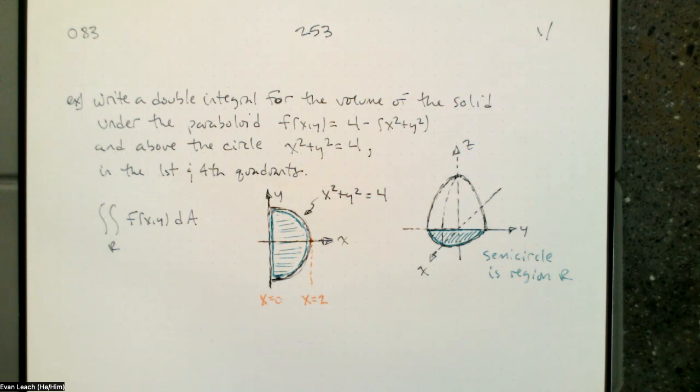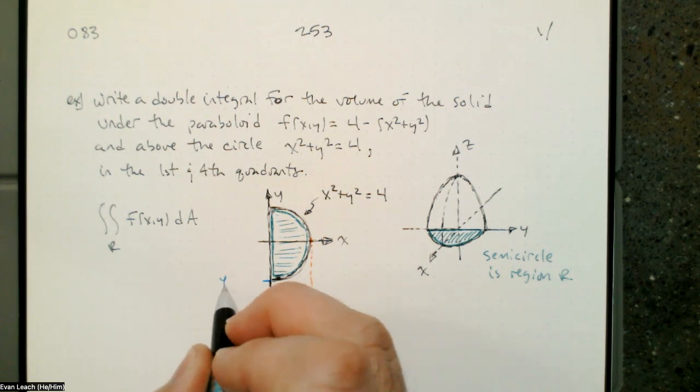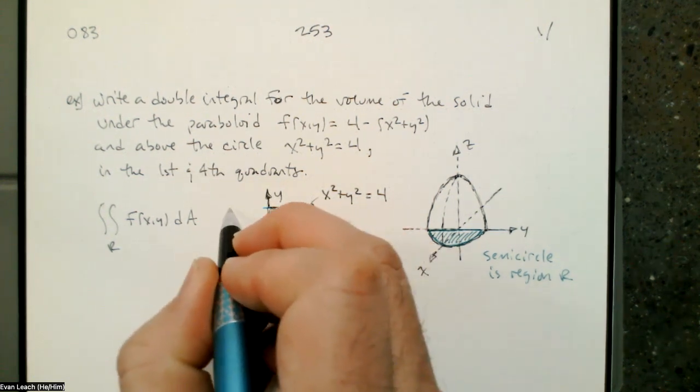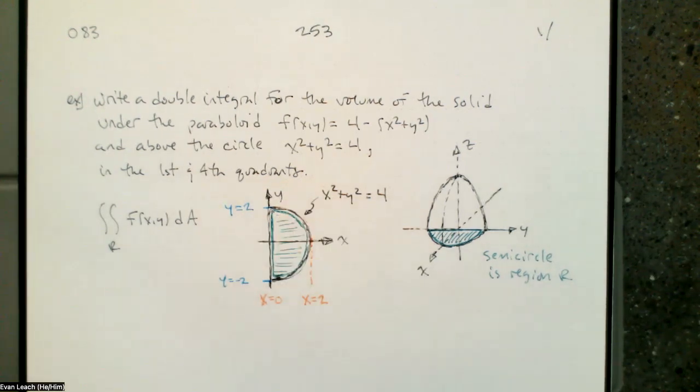Our smallest y value is -2, and our largest y value is 2. So depending on which double integral we're setting up, if the outer integral or the last integral is y, then it's going to go from -2 to 2. If the last integral is x, it's going to go from 0 to 2. You can go this way or go this way. So now we just have to set up double integrals.